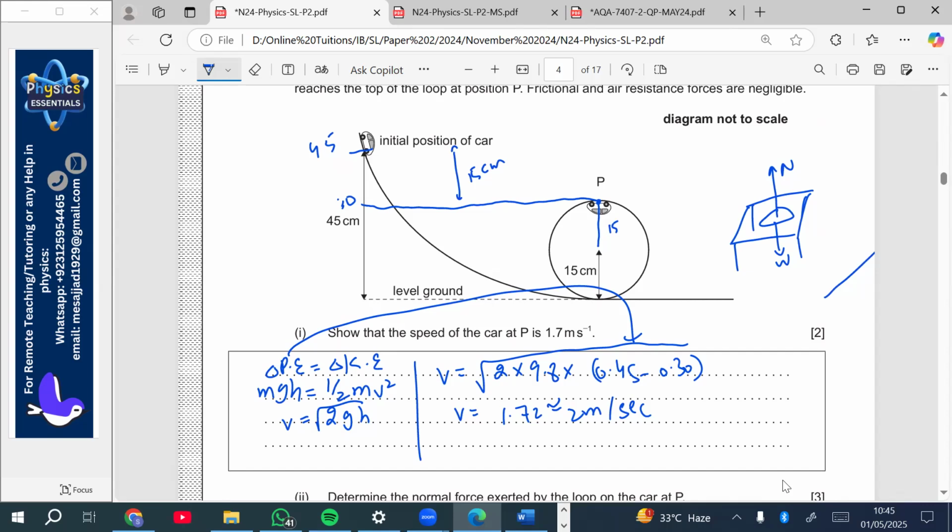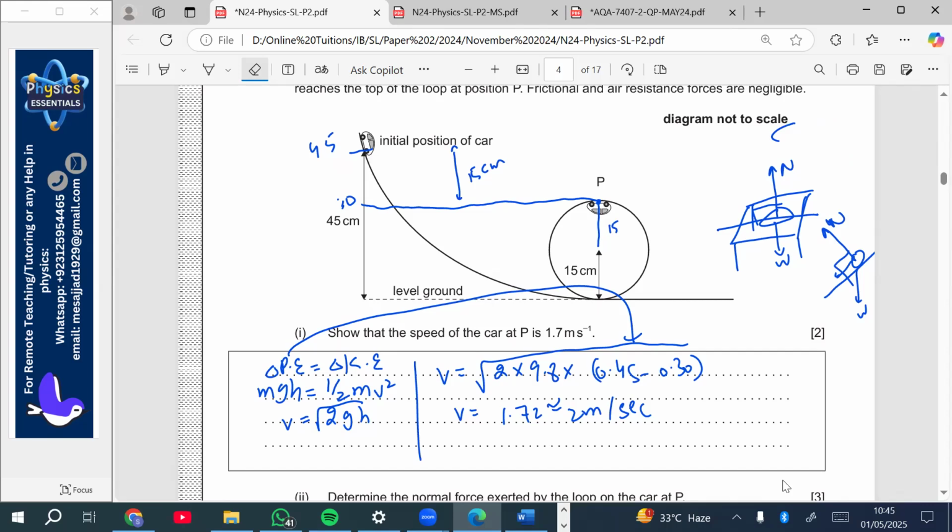Similarly, if you're coming down an inclined plane, the weight is acting down, but the normal force is acting this way. So the normal is always at 90 degrees to the surface. Remember, if you are coming this way, then the normal is horizontal.